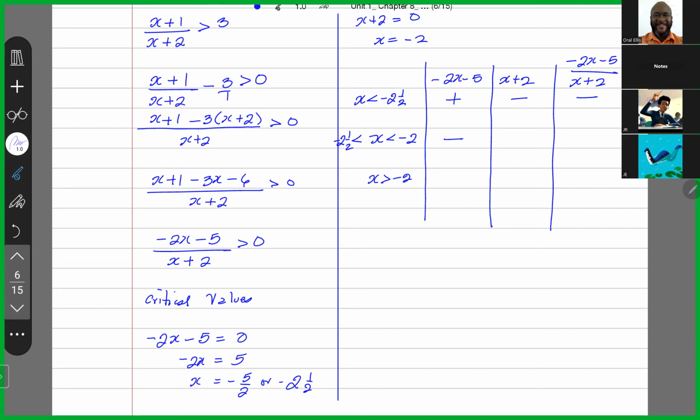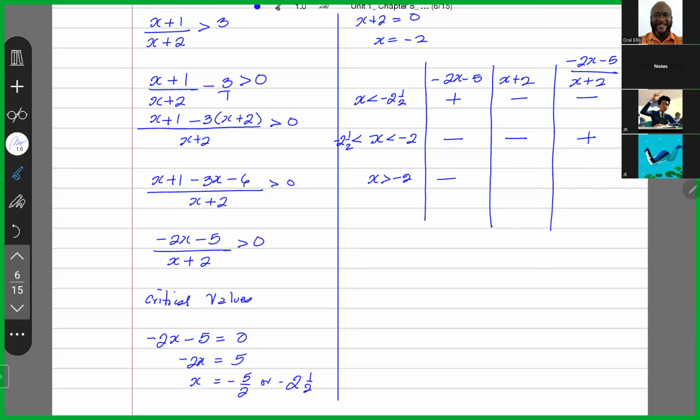Minus 2.25 plus 2 is going to also come out negative. And a negative divided by a negative is a positive. Now, if x is greater than minus 2, for example, if x is minus 1, minus 2x minus 5 is going to come out to be negative.